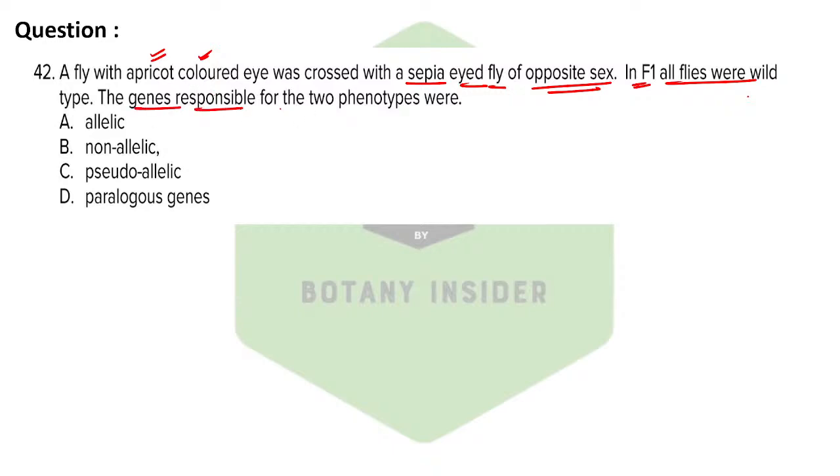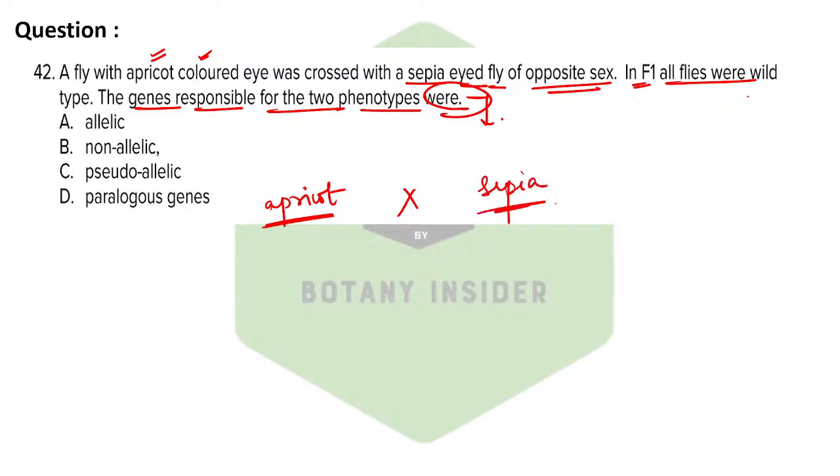The genes responsible for the two phenotypes were which of the following? First one is allelic, then non-allelic, then pseudo-allelic, then paralogous genes.